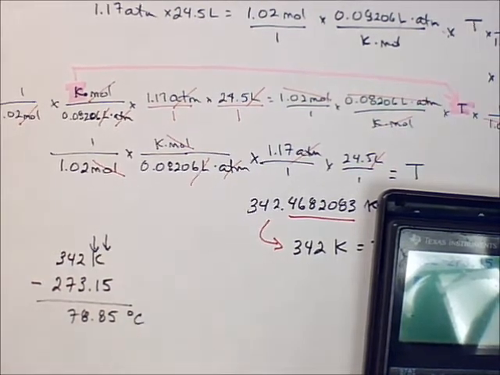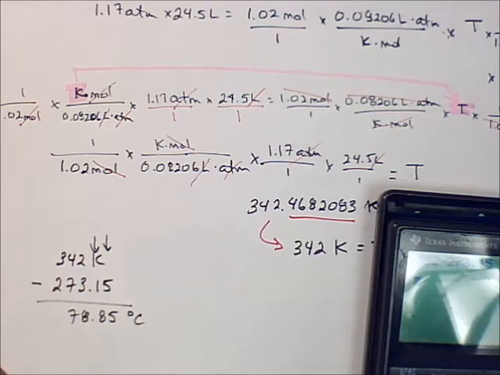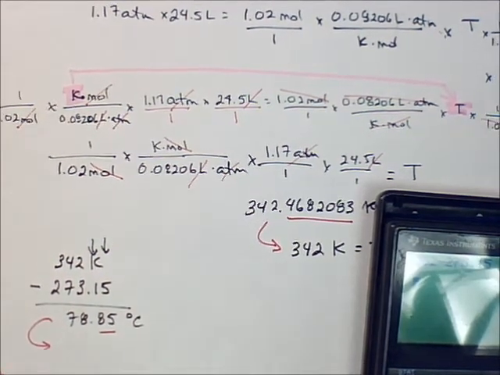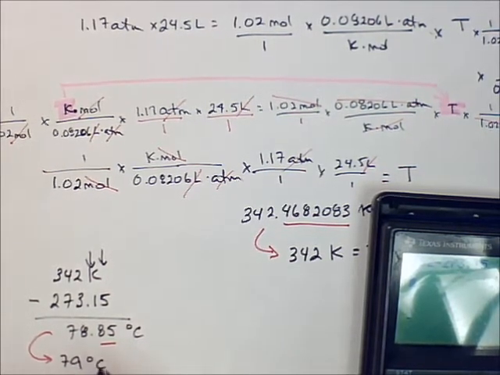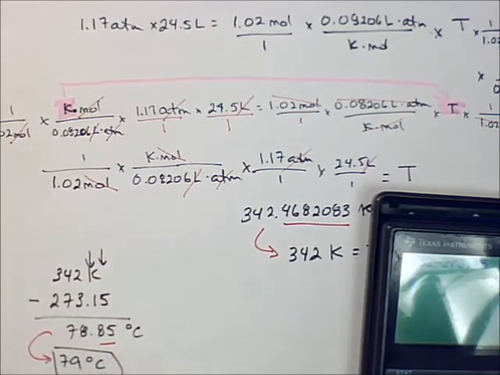And that's our degrees Celsius temperature, except that we still have to round off. We've got 2 empty slots here. Round it off. We get 7, and this 8 rounds up to a 9. 79 degrees C, and that's our final answer.